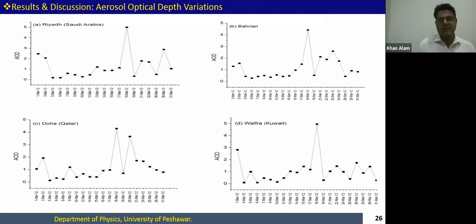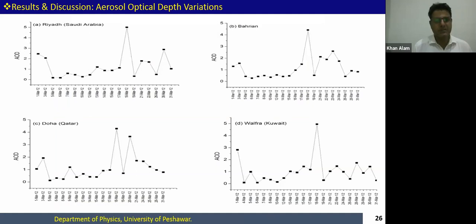During this dust storm, we analyzed aerosol optical depth. As I mentioned previously, aerosol optical depth is the vertical column concentration from the ground to some height. So in this Middle East region, you can see in this first figure the aerosol optical depth is very high.